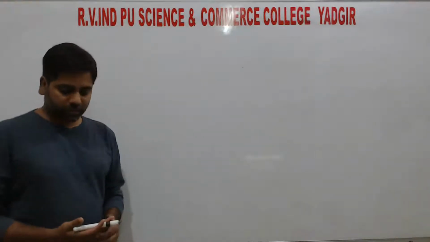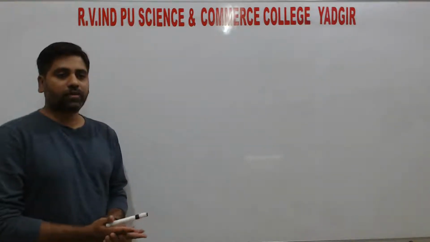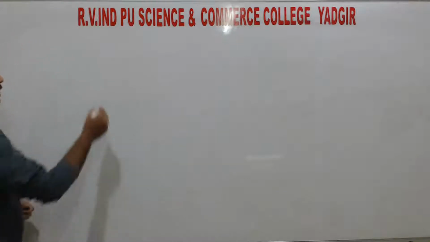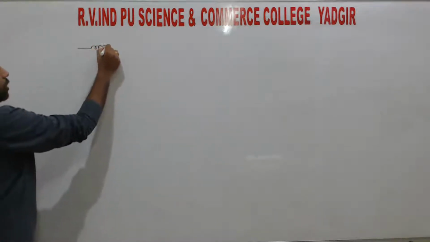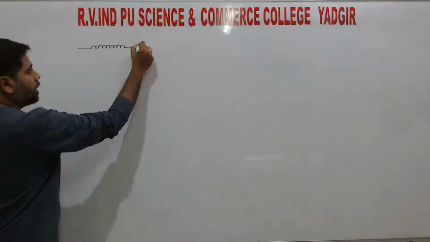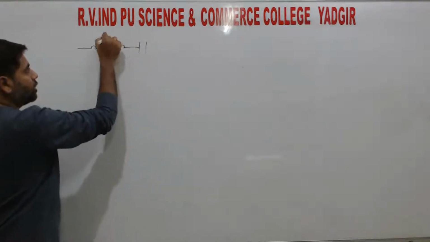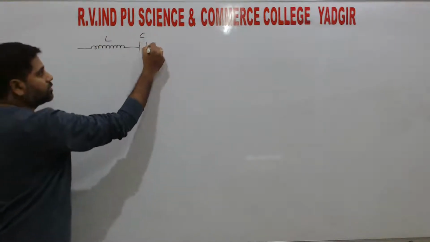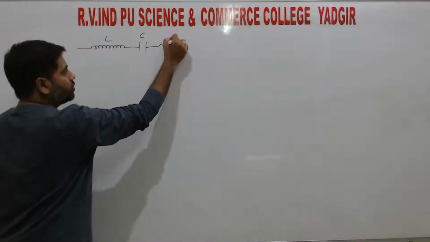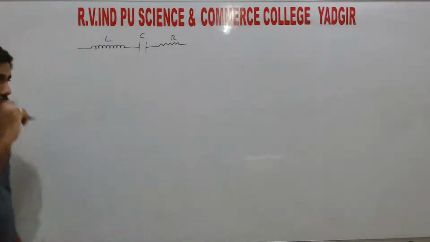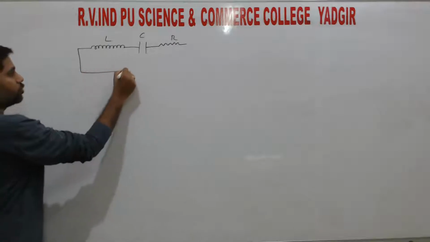Good morning, students. In the last class, we discussed the series LCR circuit. That means an inductor having inductance L, a capacitor having capacitance C, and a resistor having resistance R, connected to the AC source.